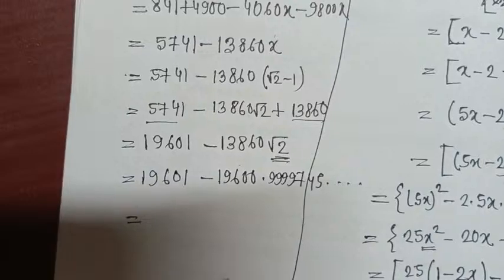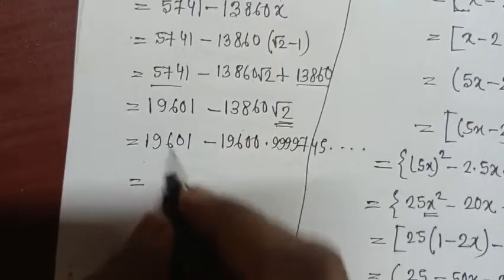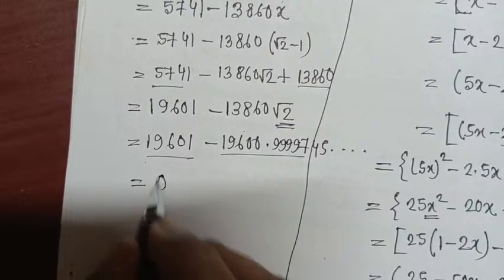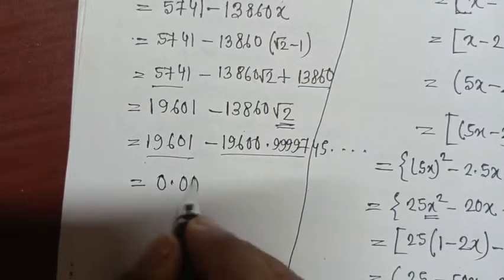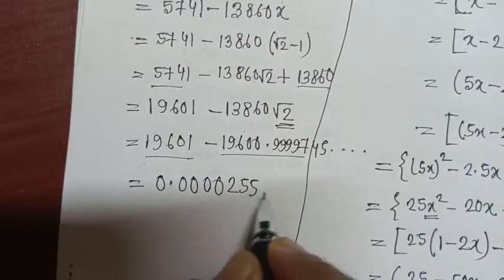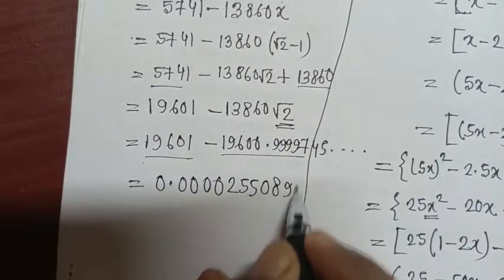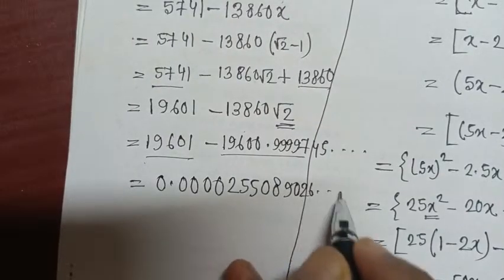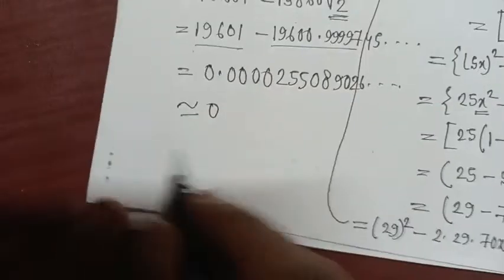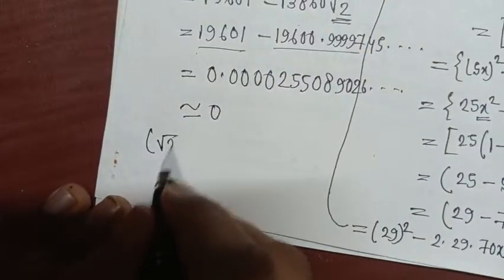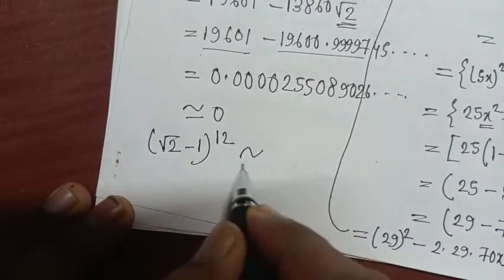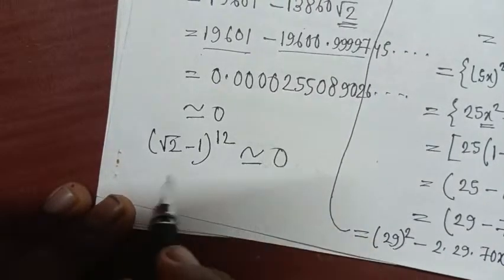If we subtract this value from this value, we get 0.0002550890026, nearly about 0. So if we simplify that value, root 2 minus 1 to the power 2 is nearly about 0.